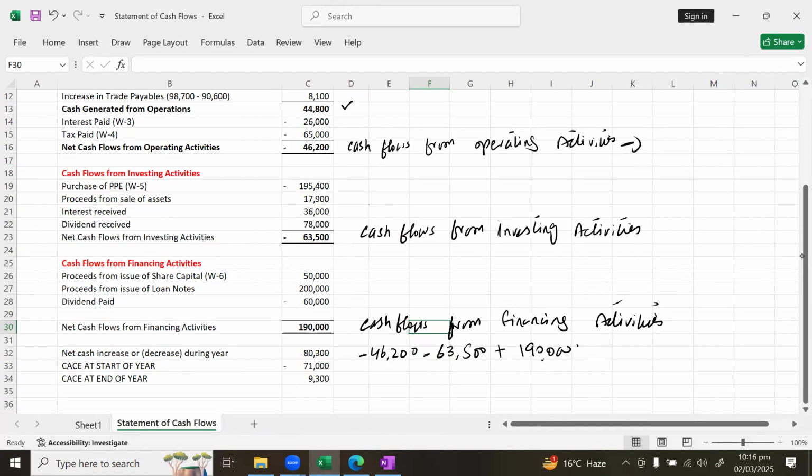So let us calculate again. Minus 46,200, minus 63,500, plus 190,000. So answer will be 80,300. Once you deduct 71,000, the net answer will be 9,300.